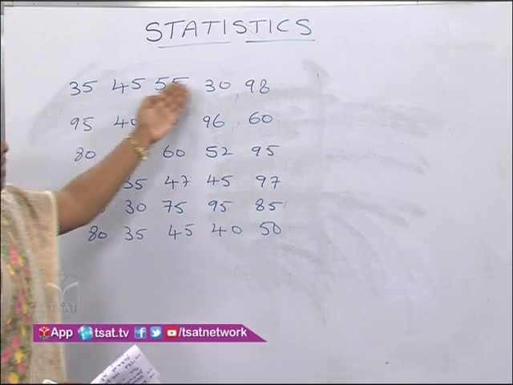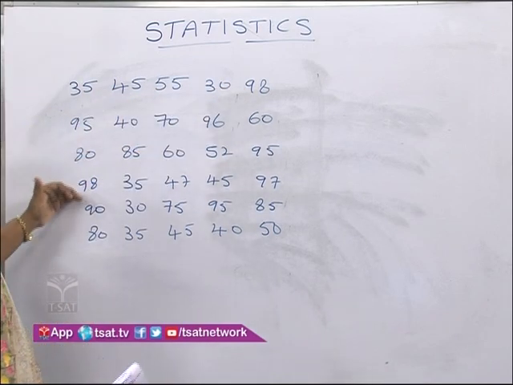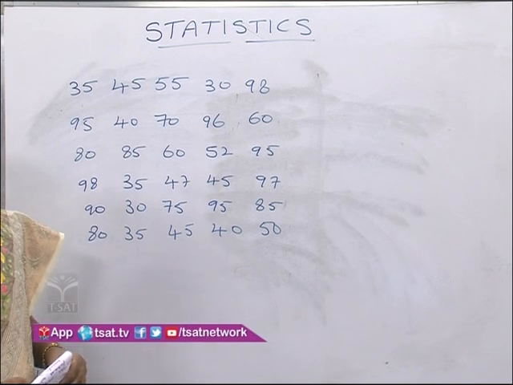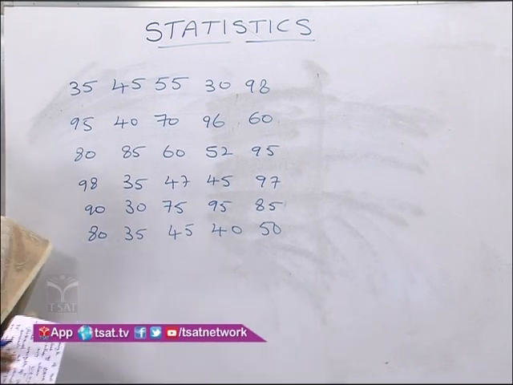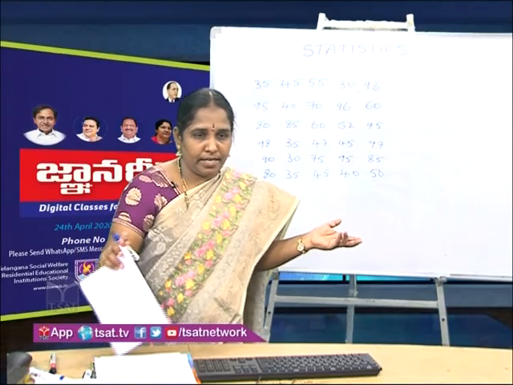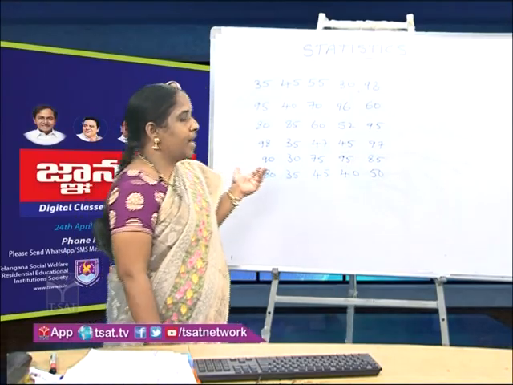So 1, 2, 3, 4, 5, 1, 2, 3, 4, 5, 6, are a total of 30 observations I have written on the board. Now, this is raw data, which is also called ungrouped data.